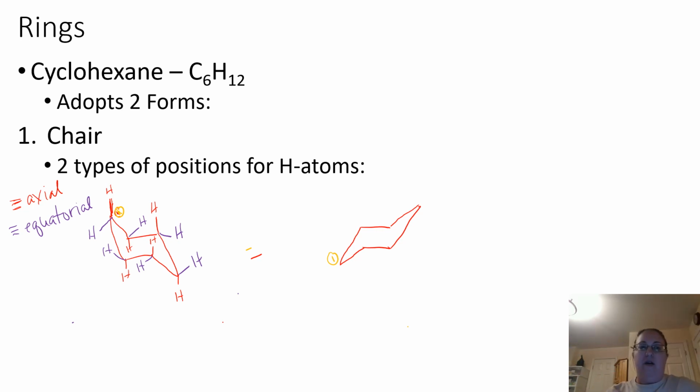From here, the axial position that was pointing up still has to be pointing up. But now because that carbon is facing down, it is in the equatorial position, where the purple that was in the equatorial position and was pointing down is now in the axial position and is pointing down. So when we do our ring flip, we see a change in the positionality.